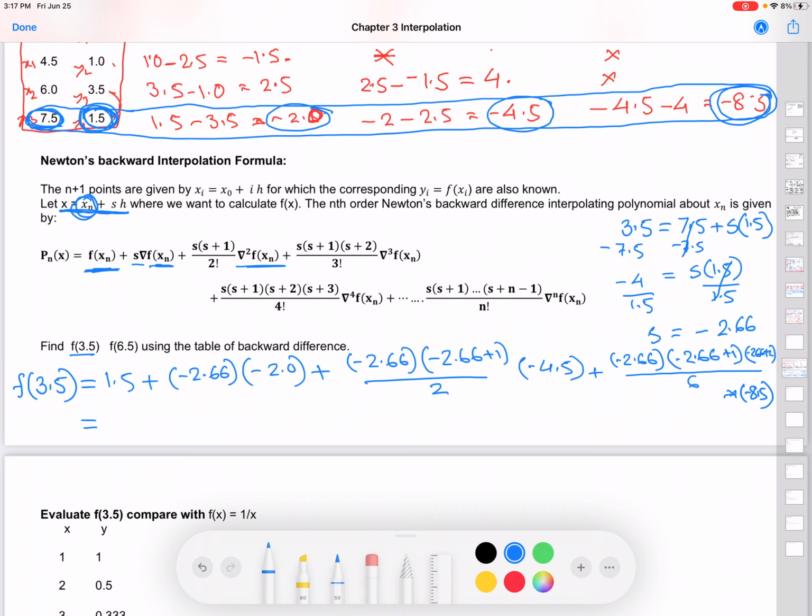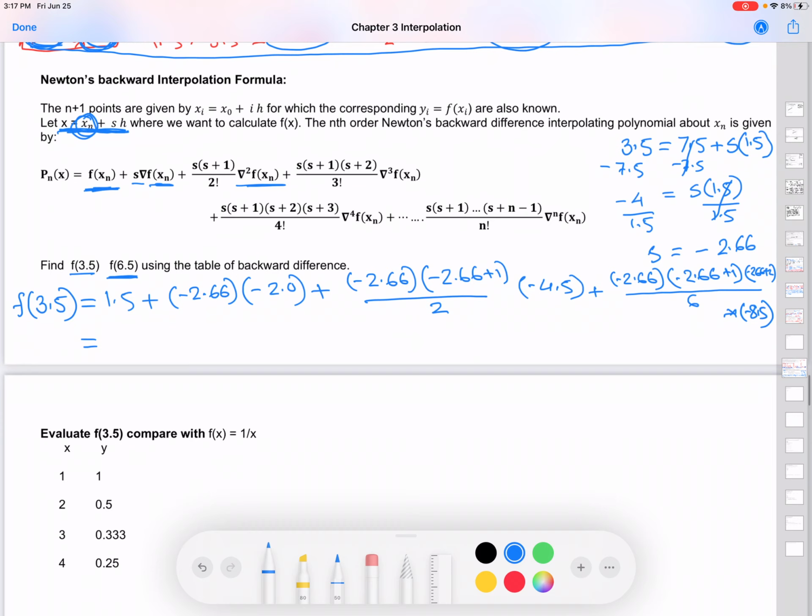Again, I am going to put those calculations in the handout. If you want to calculate the value at 6.5, you need to write down x equal to 6.5. I'm just showing you an example of how to calculate that x. So 6.5 is equal to xn plus sh.